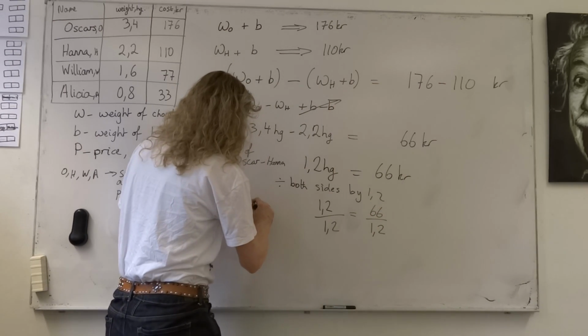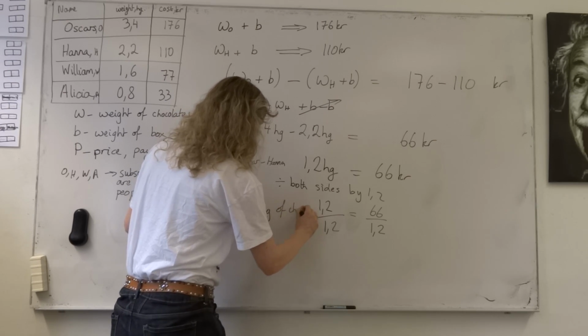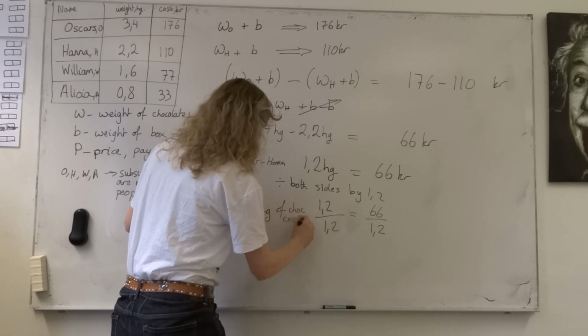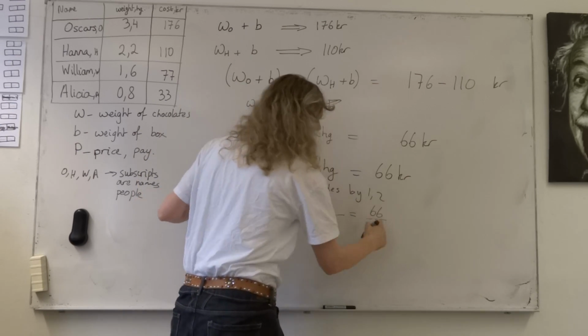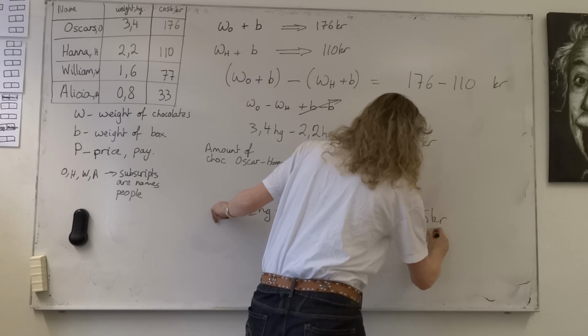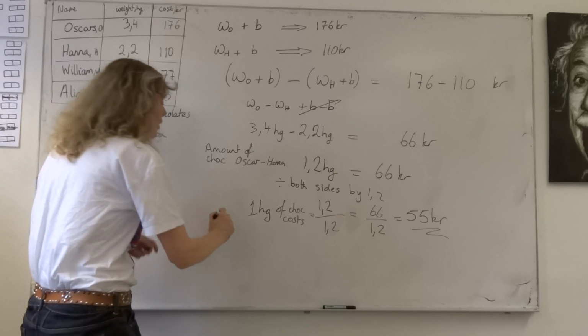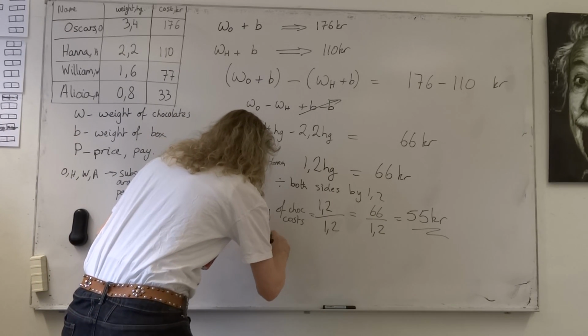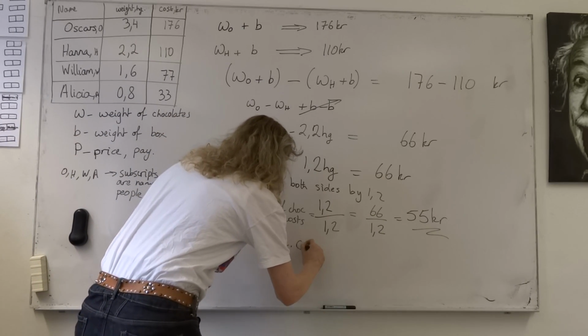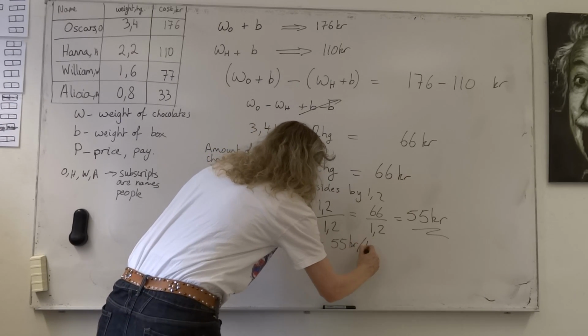So 1 hectogram of chocolate costs 66 divided by 1.2 equals 55 kronas. We now have a hecto price for chocolate. Therefore, chocolate costs 55 kronas per hecto.